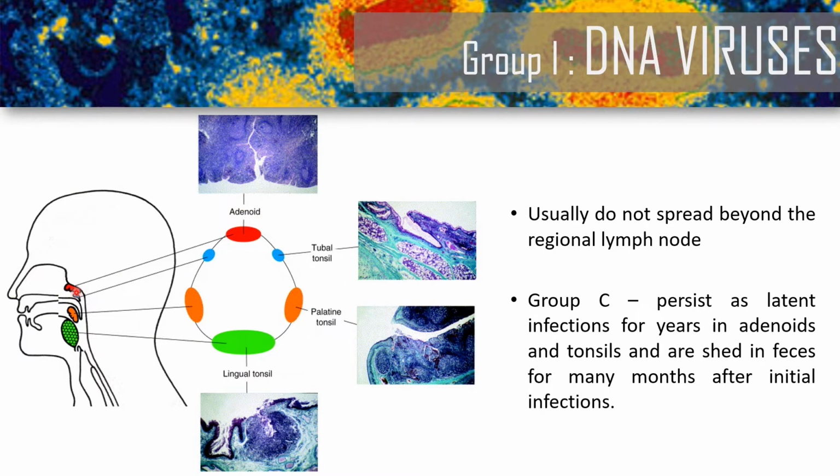Your adenoids is located on the upper palate of your tongue, this one. Then for group C, they usually go to adenoids and then with your tonsils. This one is your tonsils, which is this one. Kikita niyo dito. And then they shed in your feces for many months after initial infection.